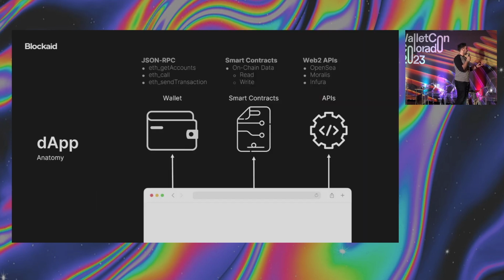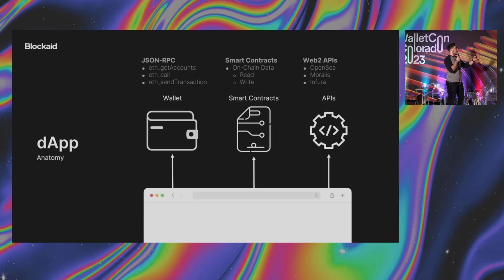So let's take a look at dApp anatomy, or dApp architecture. Basically, you have the user interface. Then you have three major pillars of how they communicate and the interactions they perform. The first is JSON RPC, the wallet-dApp communication, sending different methods to the wallet. Second, smart contracts: the backends of these dapps are the smart contracts, the on-chain code.